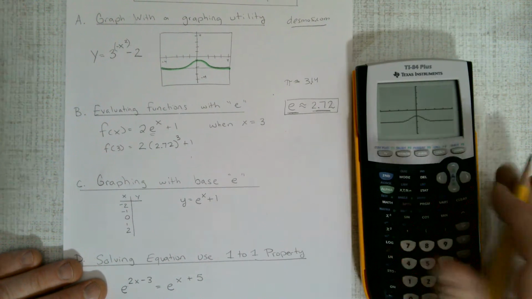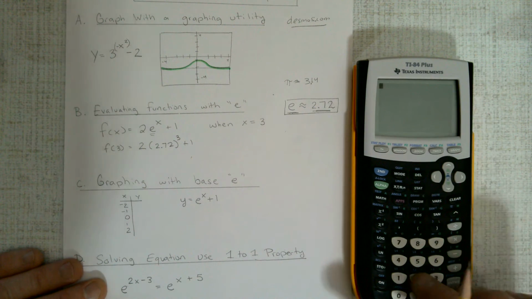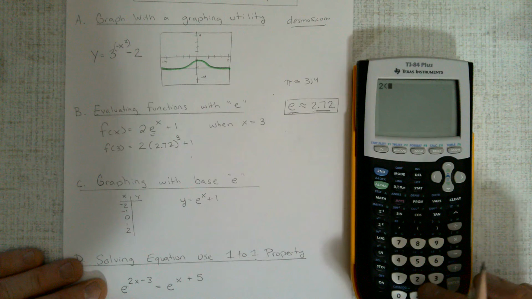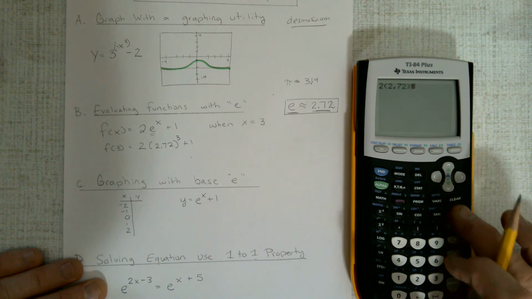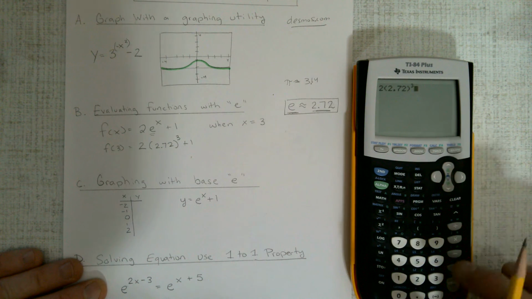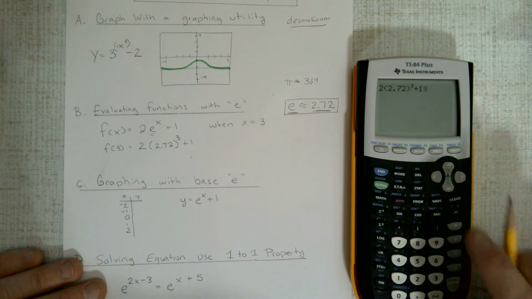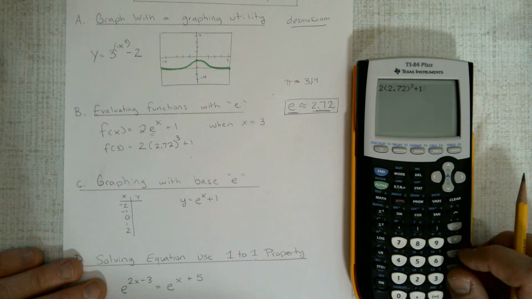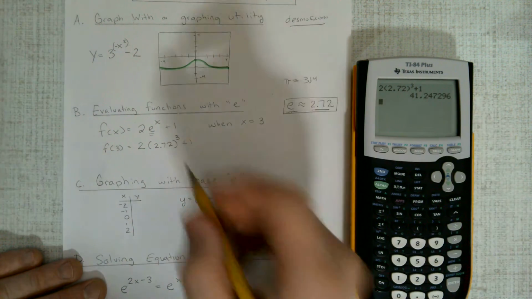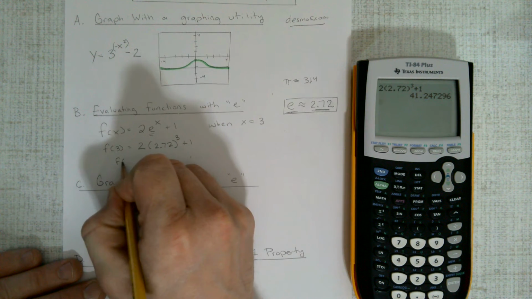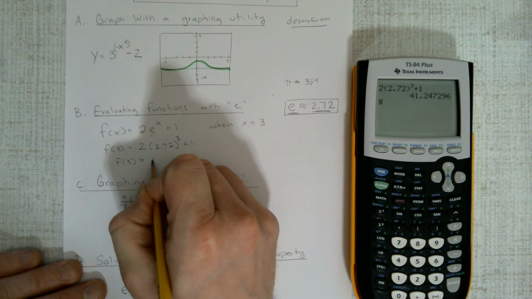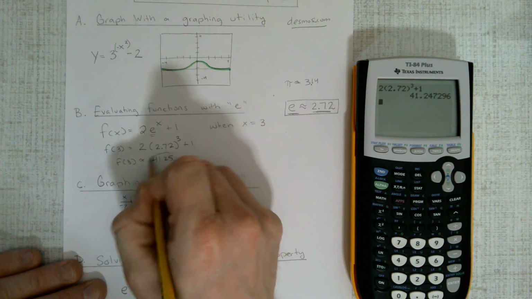And I can do that all in one step on my calculator. I can just put in 2 times 2.72 raised to the third power plus 1, and that'll work. I get about 41. F of 3 is about 41.25.